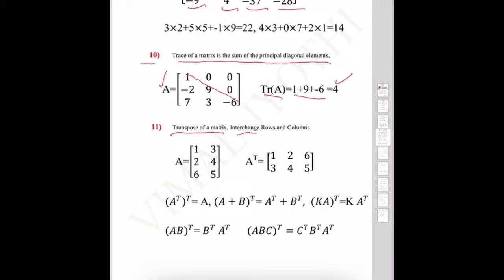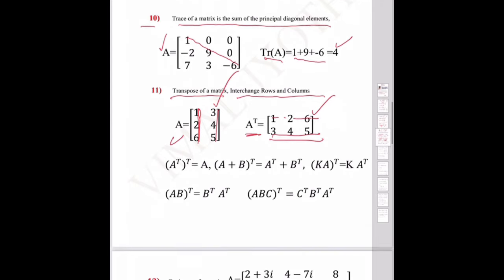Interchange rows and columns. Suppose A equal to this, then A transpose is equal to this row, this column changed to row, and this column changed to this row. First column becomes first row and second column becomes second row. And then properties of transpose.